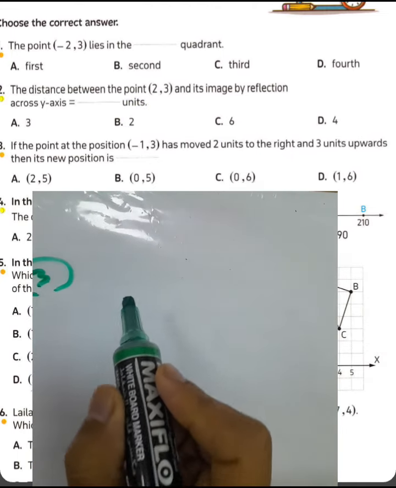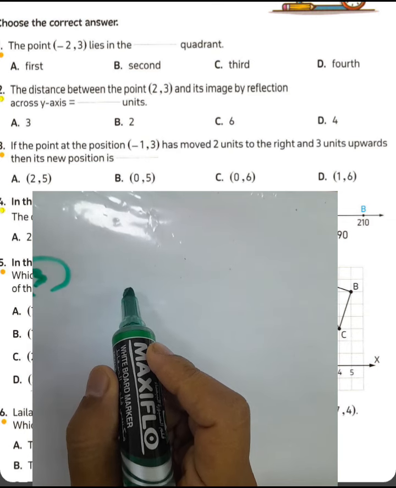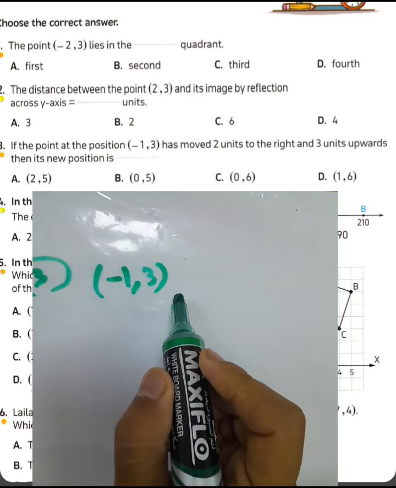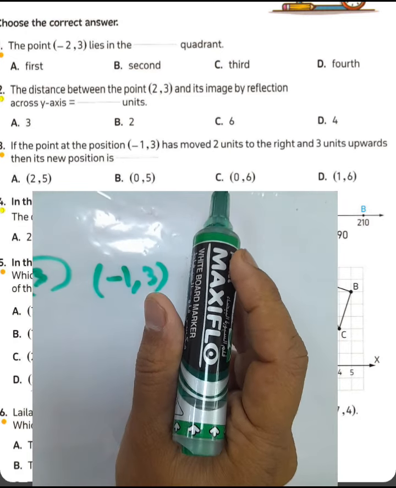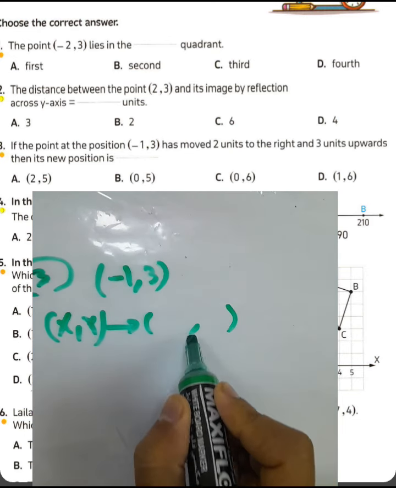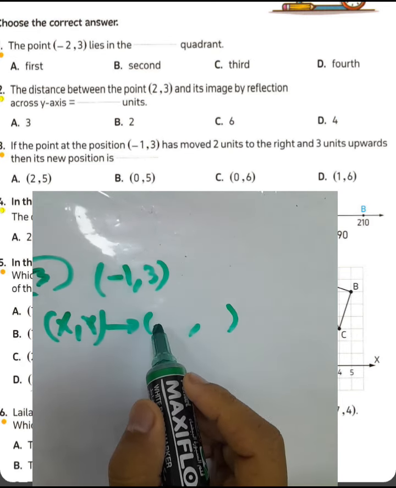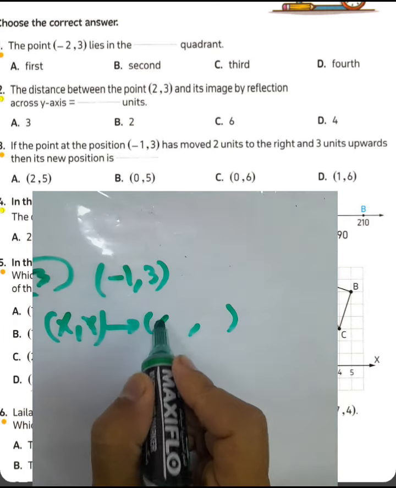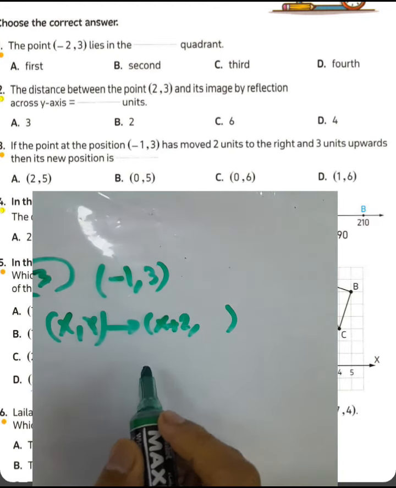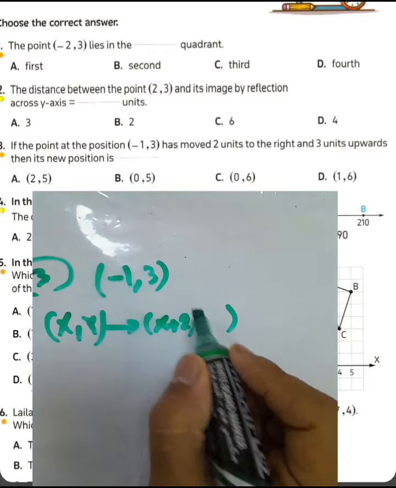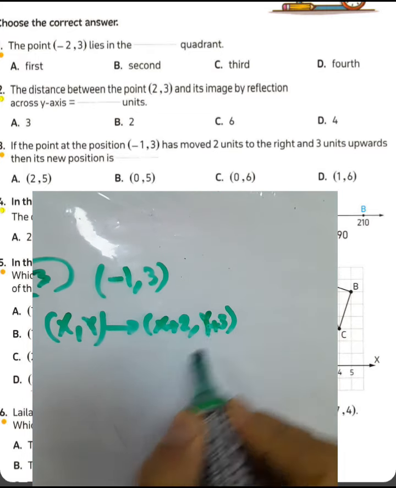If the point at the position (-1, 3) has moved 2 units to the right, the rule is: 2 units to the right means we add 2 to x, and 3 units upwards means y plus 3.